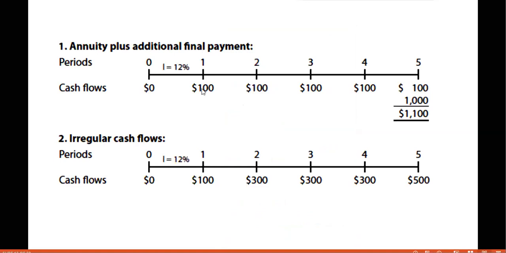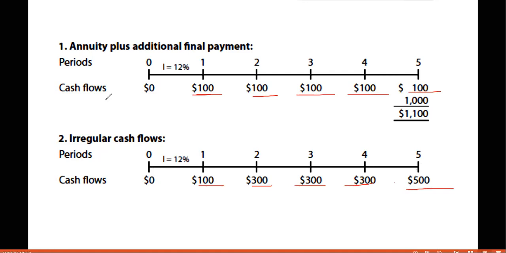We have same amount, 100, 100, 100 and 100 each year. But here we have 100, then 300, 300, 300 and then 500. Means we have irregular cash flow. So for irregular cash flows, we cannot use the formula of annuity.